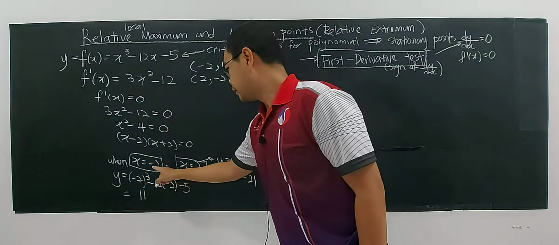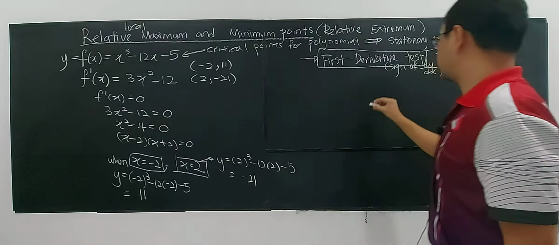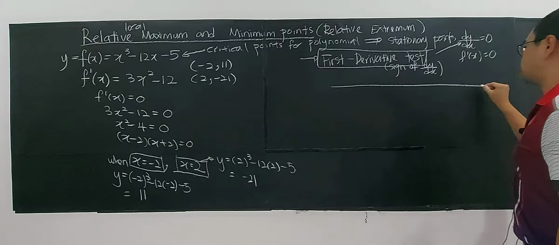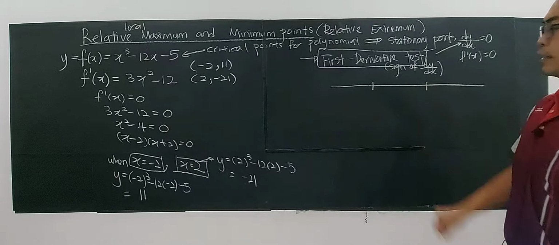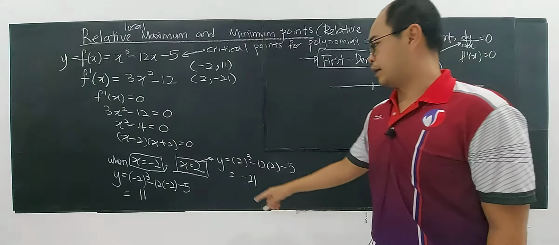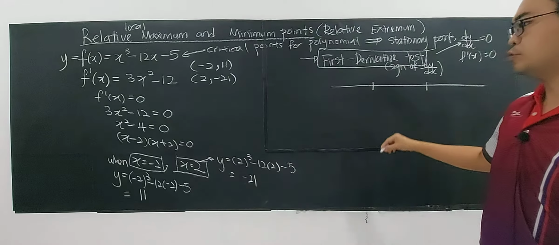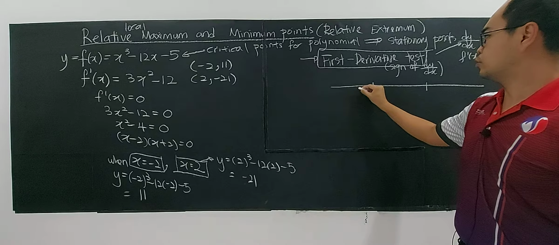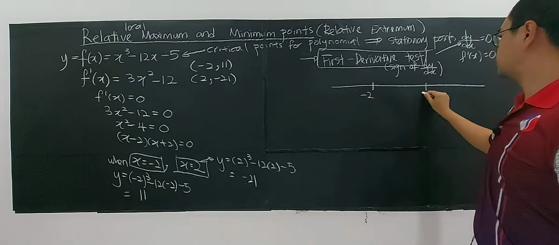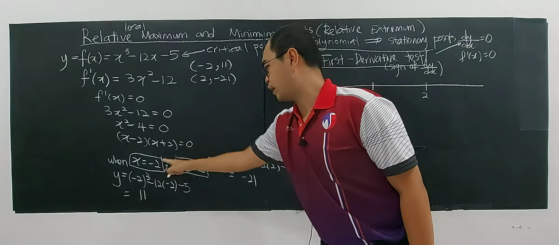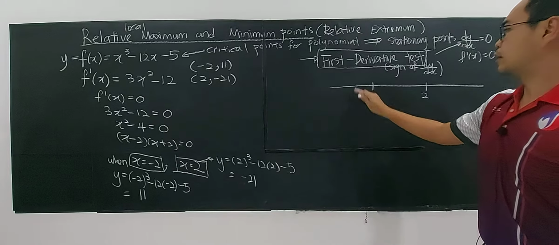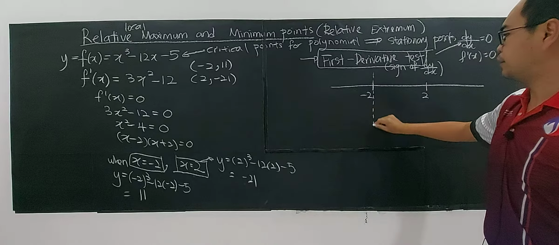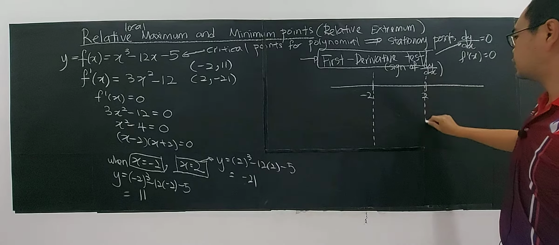I have -2 and 2, so I'm going to divide my table like a number line. I have -2 and 2 as my stationary points. So then we want to know what happens during these intervals.